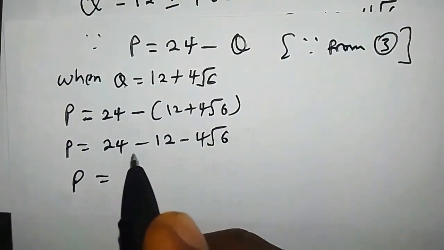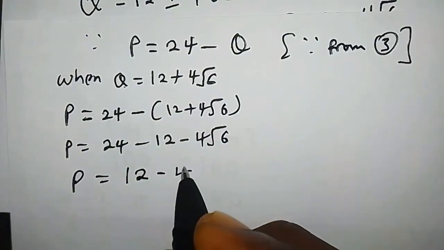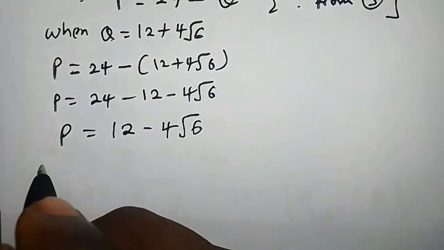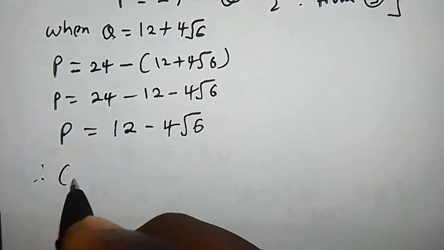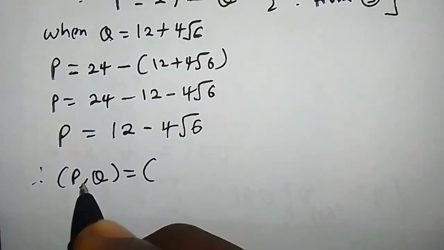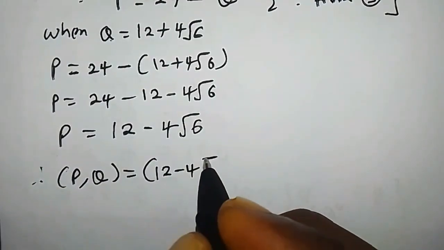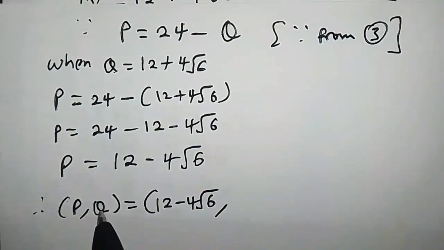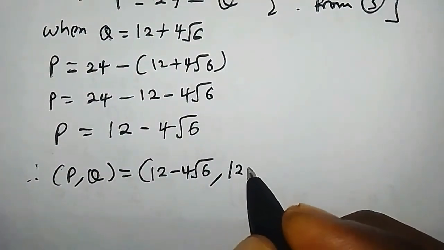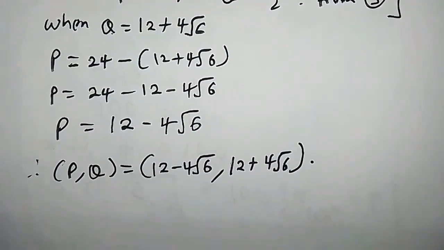P is equal to 24 minus 12, that is 12, minus 4 root 6. Therefore, the first solution, P comma Q is equal to 12 minus 4 root 6, comma, and Q is 12 plus 4 root 6. This is the first solution.